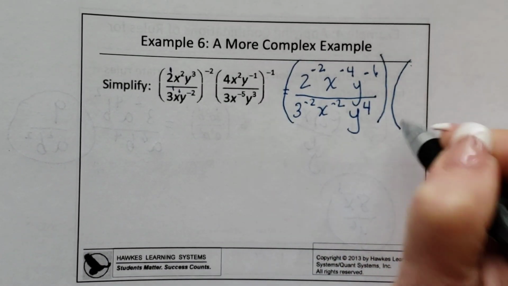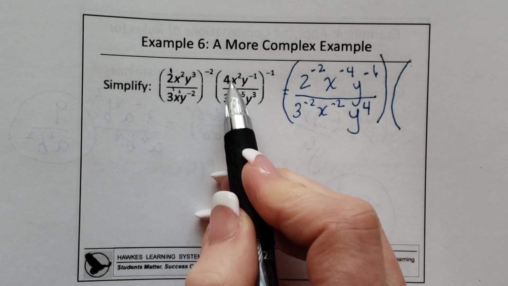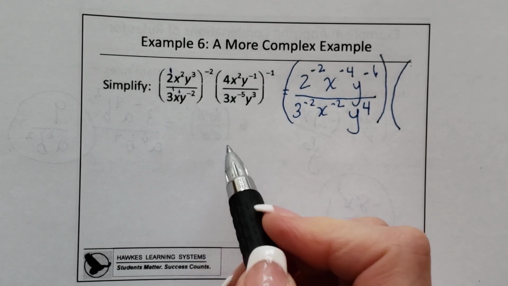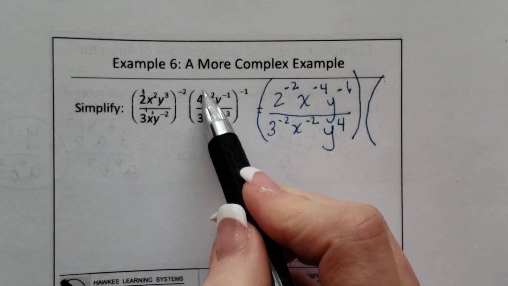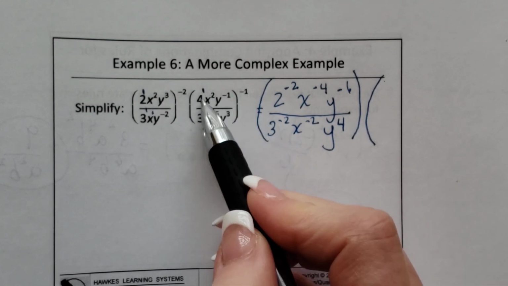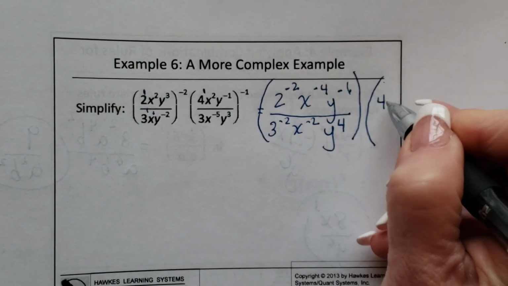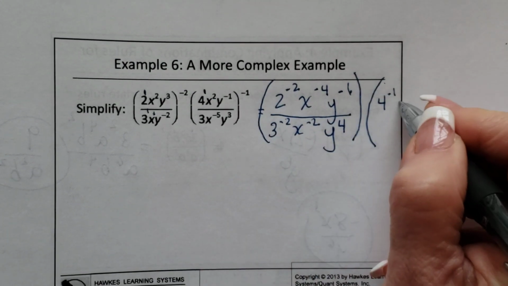All right, the second parentheses, we're multiplying everything by negative 1. Well, multiplying everything by negative 1 is going to give us an opposite sign of our existing exponent. So this is a positive 1. 1 times negative 1 is negative 1. So that'll be 4 to the negative first. 2 times negative 1 is negative 2.